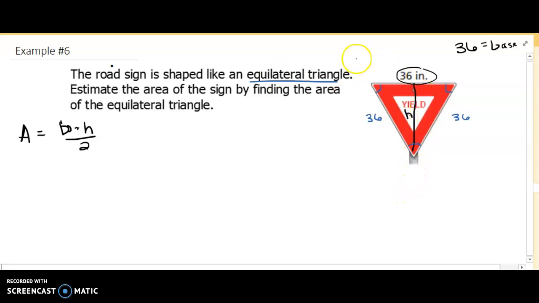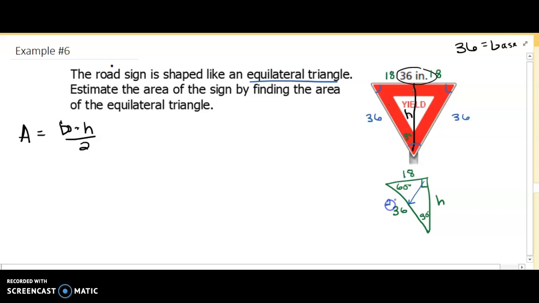So when I cut this, this is now 18 and 18, and this is a 30-60-90 triangle. So I'm going to go ahead and write it down below here. This is 90, this is 60, this is 30. I know this is 18, and this is 36. Here's my height. Now I'm on a 30-60-90 triangle.